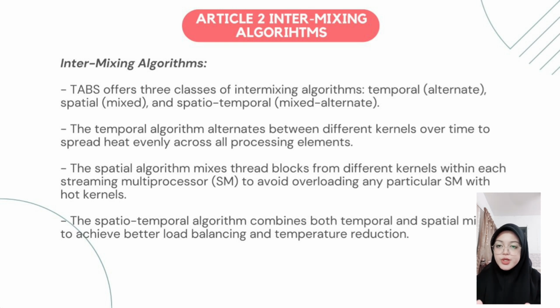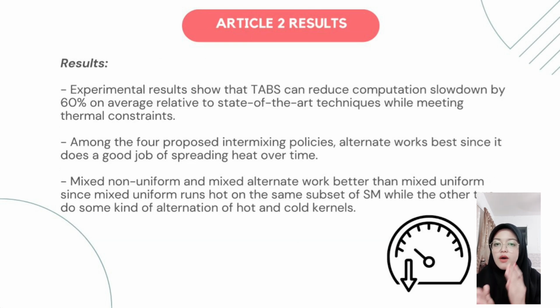Okay, so for the results of article 2 that I studied and researched, the experimental results show that TAPS can reduce computation slowdown by 60% on average relative to state-of-the-art techniques while meeting thermal constraints.